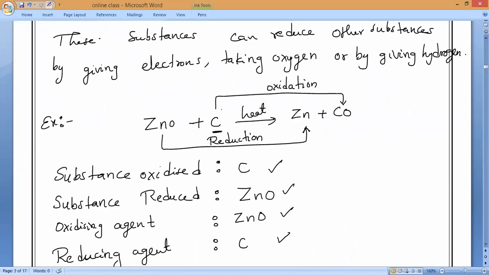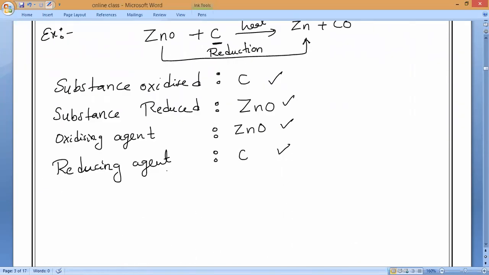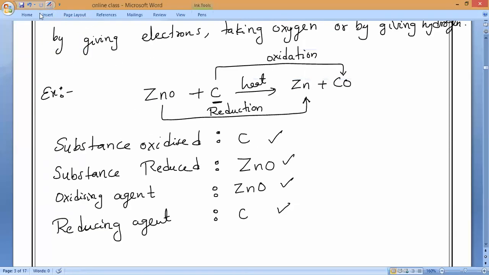Now, if we take carbon, why do we call it a reducing agent here, guys? Anybody can explain? It is not giving hydrogen, but what is it taking? Removal of oxygen from zinc oxide. Yes, it is taking oxygen. So that is why we call it a reducing agent.